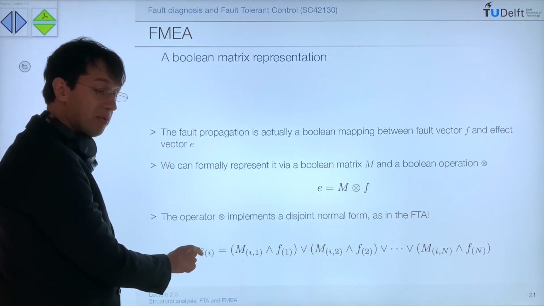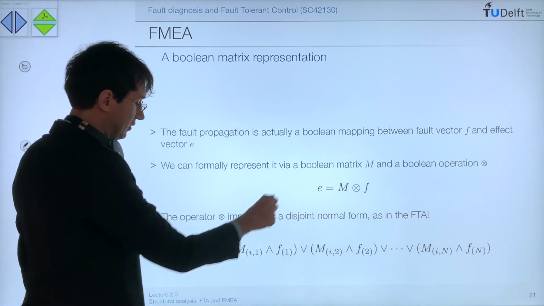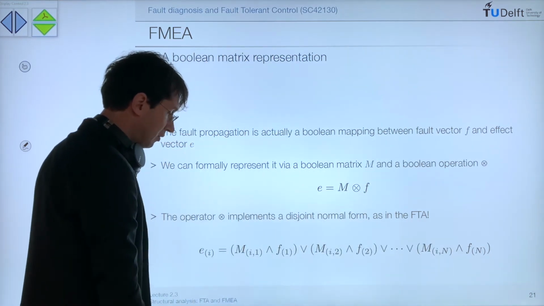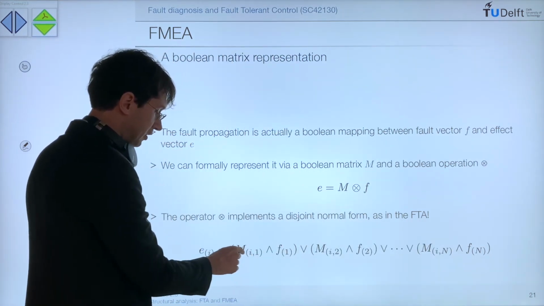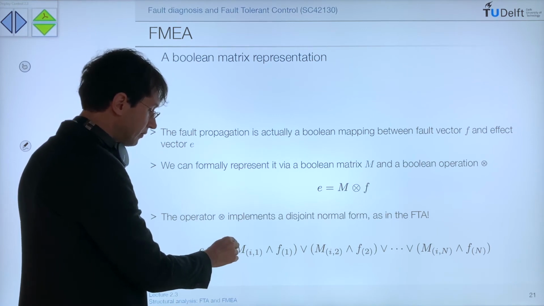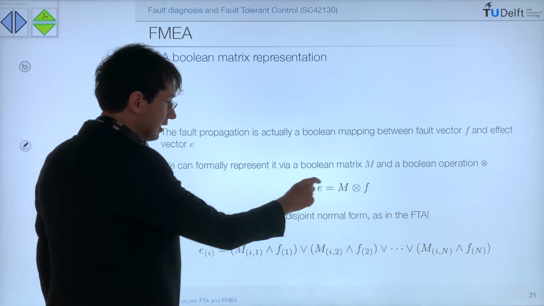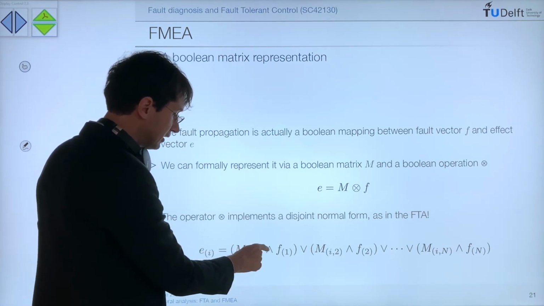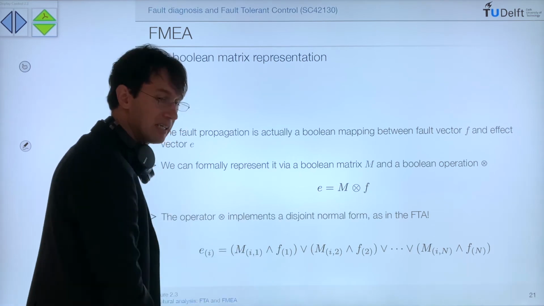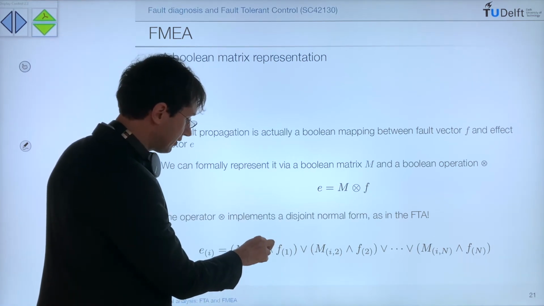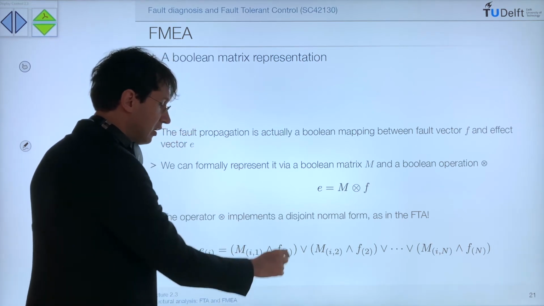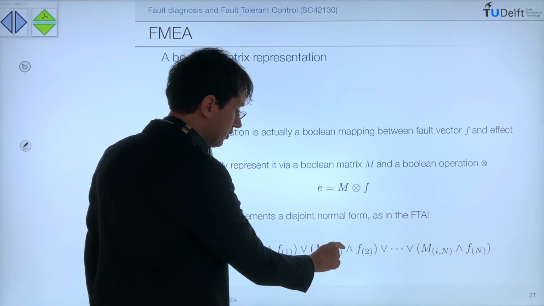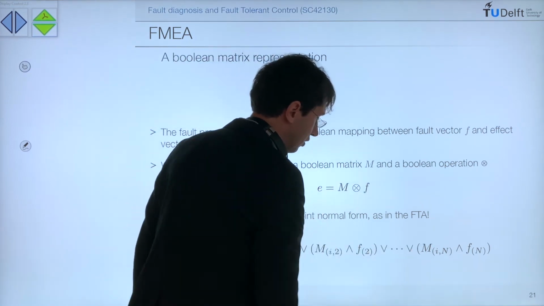So the component I of the effect vector is equal to what? This disjoint normal form, where every conjunction term is the matrix M row I, so the same row as the effect component, that is conjuncted here, so we take the AND with the fault number 1, or the M matrix row I column 2 and the fault 2, and so on.